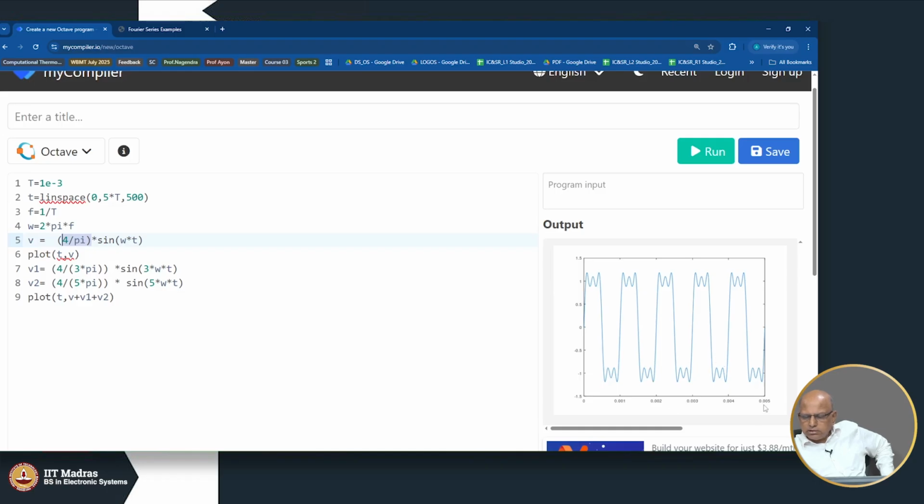See, the period is again the same thing, right? Its period is also 1 millisecond. Okay. So, I have synthesized the square waveform from sinusoidal waveforms.